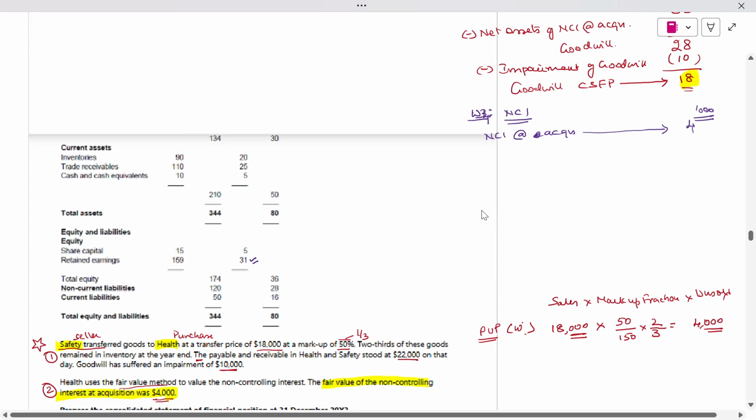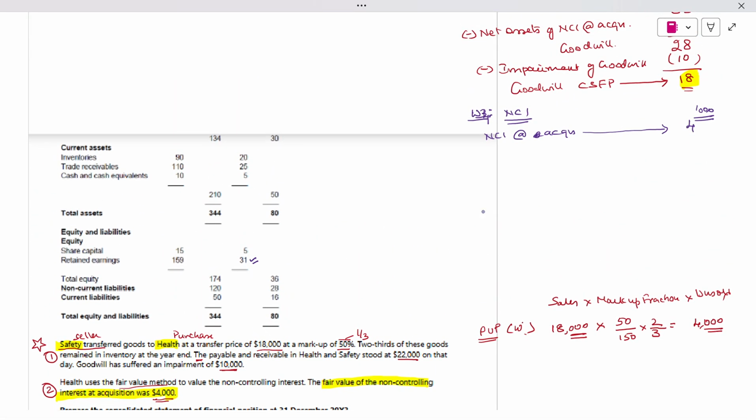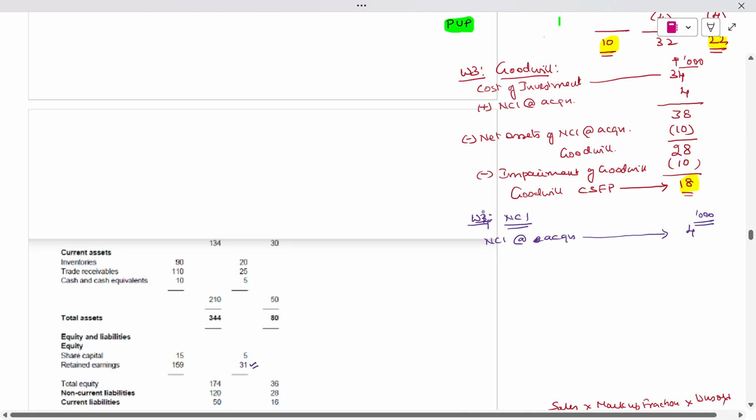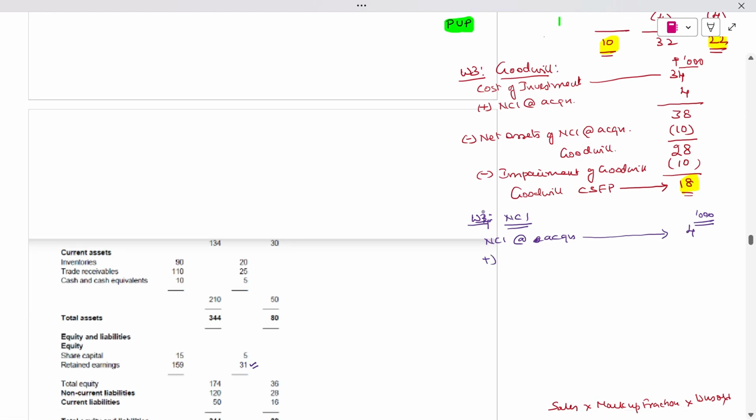Now, what do we have to add to this? Add share of post acquisition profits. How much is the post acquisition profit? 22.